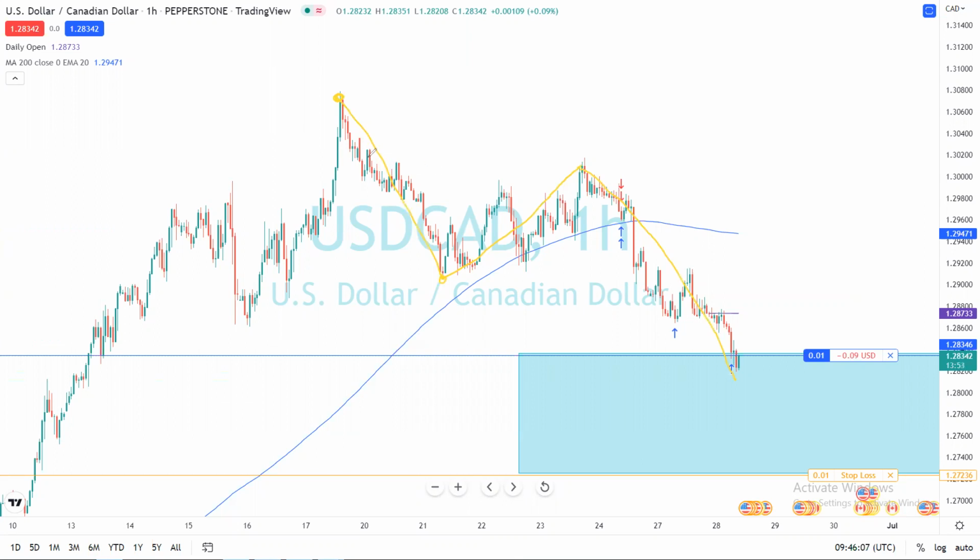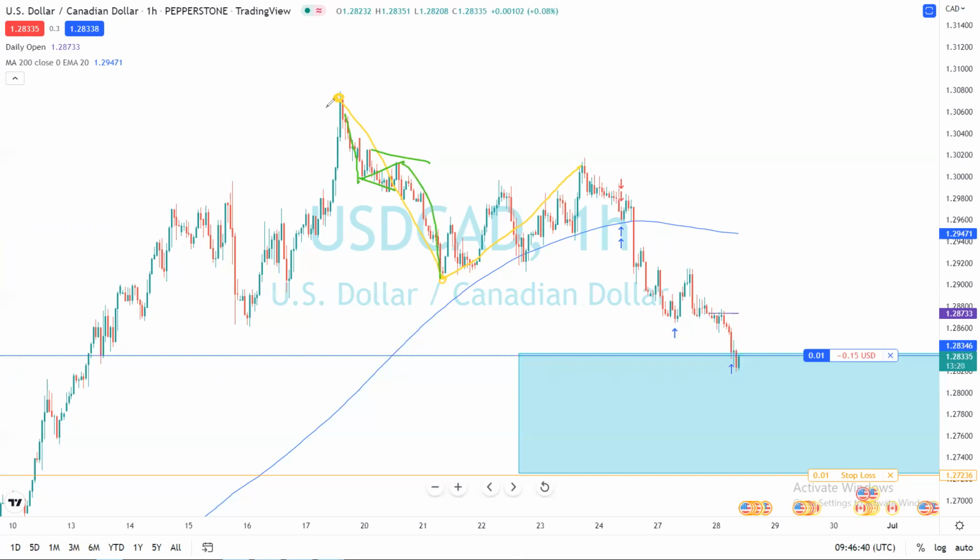If you check here, this appears to be made up of three waves. Let me use a different color. Let's go with green. If you check here, we have that move. We have 1, 2, and 3 waves.